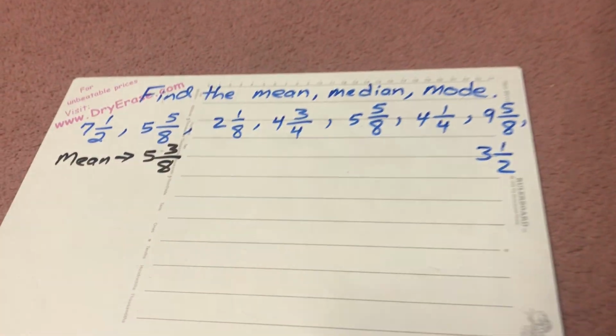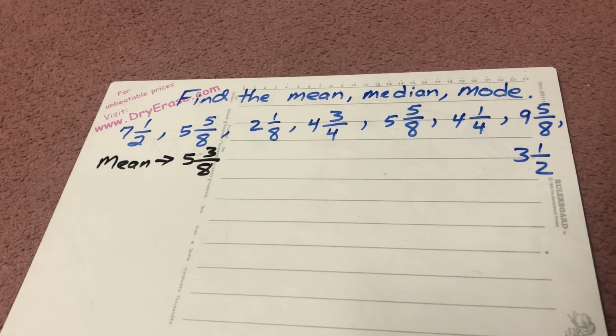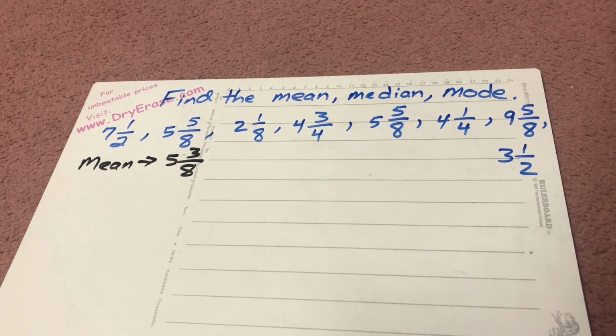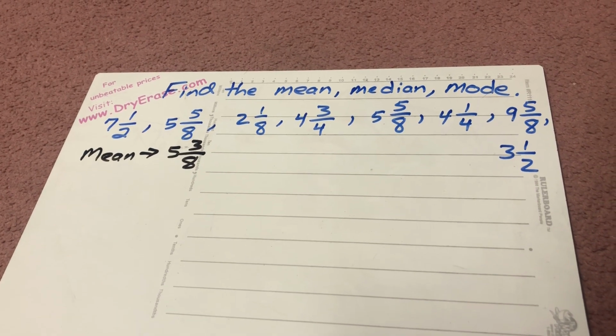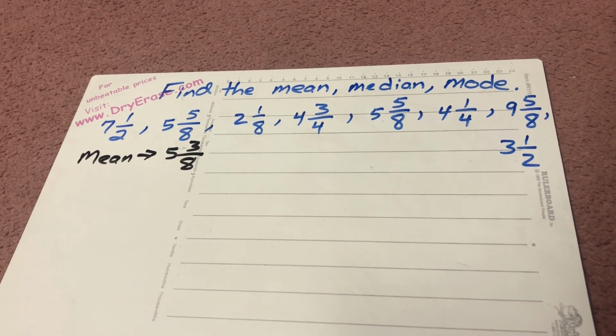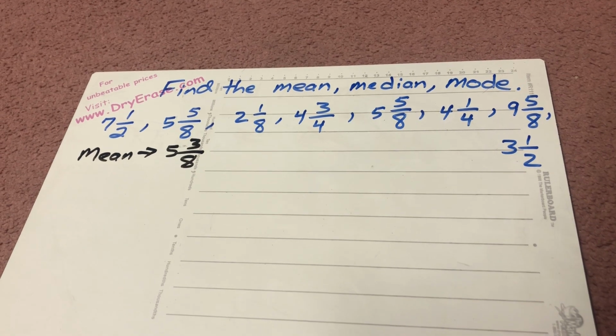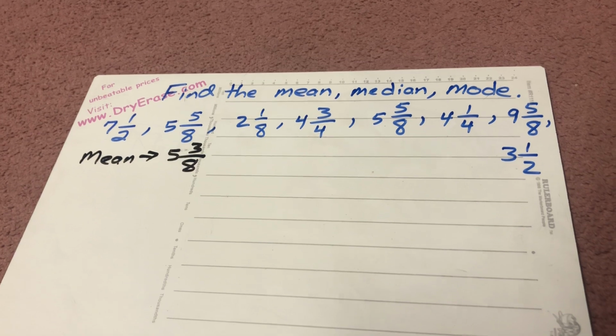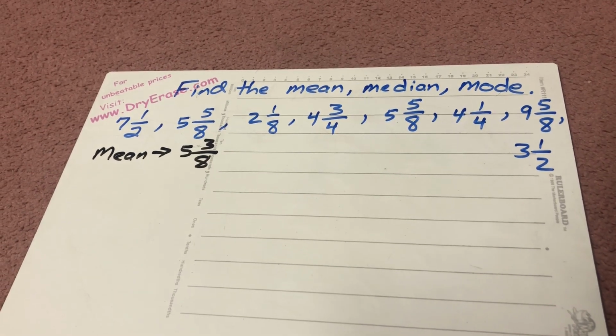Now, when I look here, I want to find the mode, which is the number that occurs most often.